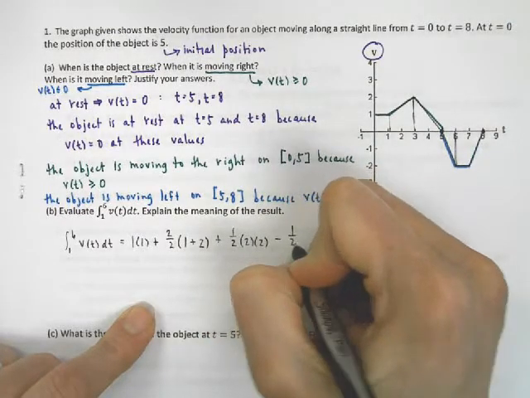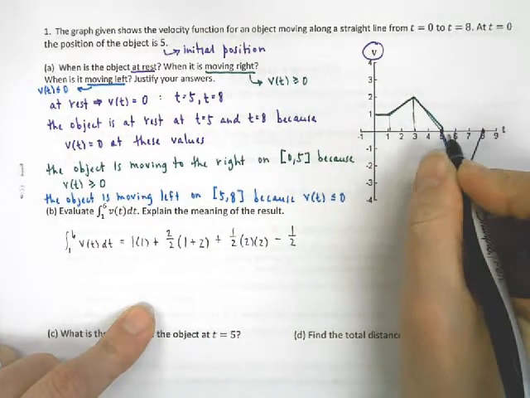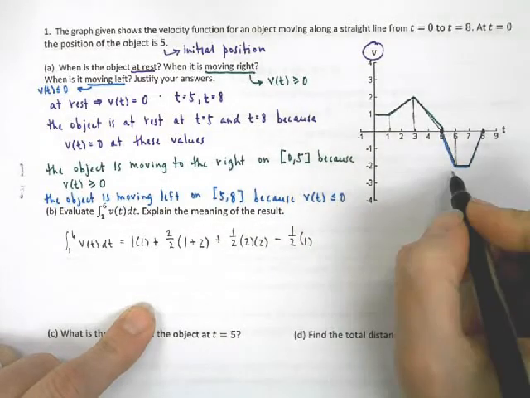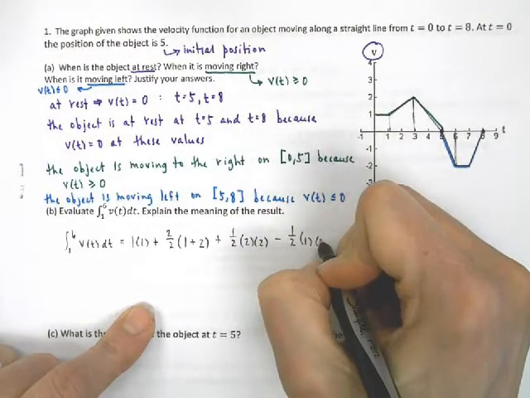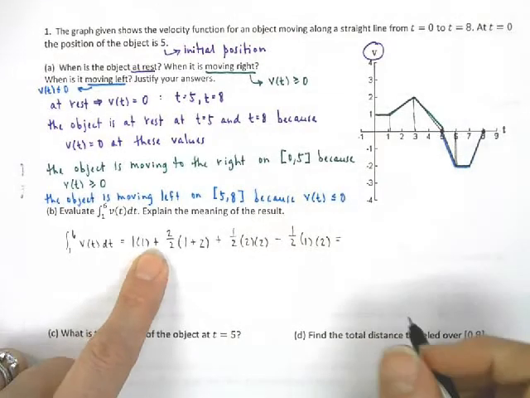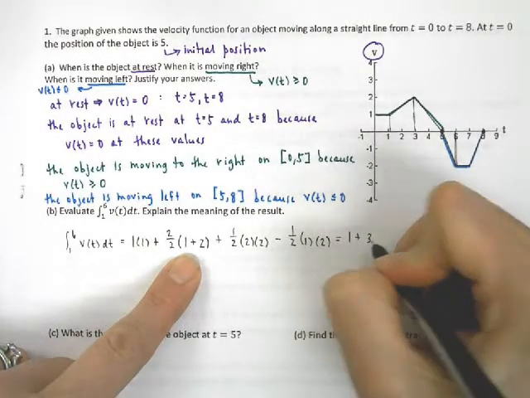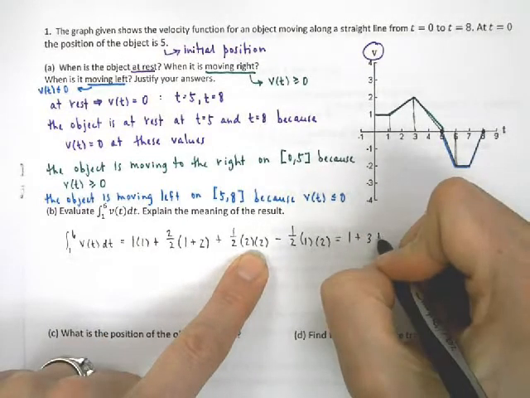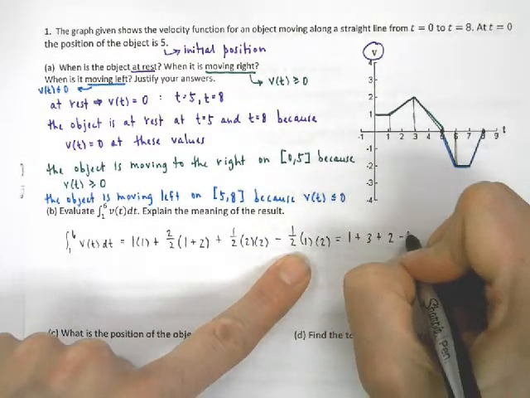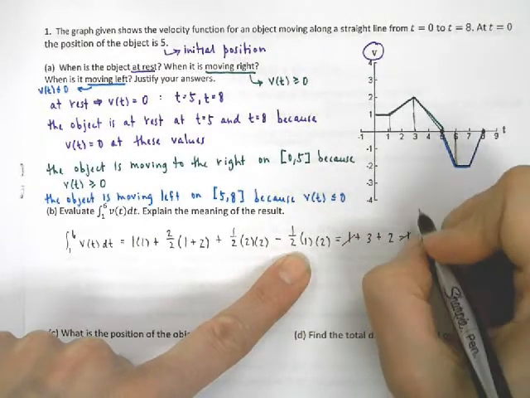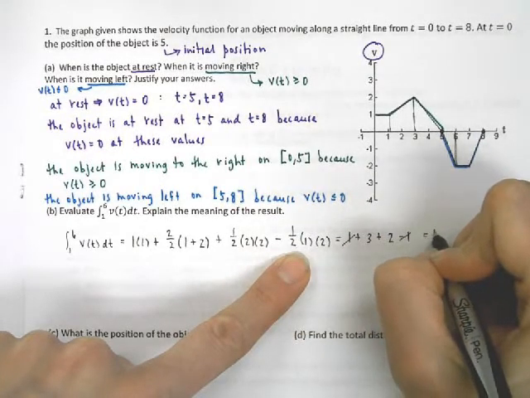So I'm going to subtract 1/2. The base of that is 1, and the height is 2. So let's see what we've got. We've got 1 plus 3 times 1 is 3. Plus, we get another 2 here, and then minus 1. So we're going to get 5 there, it looks like.